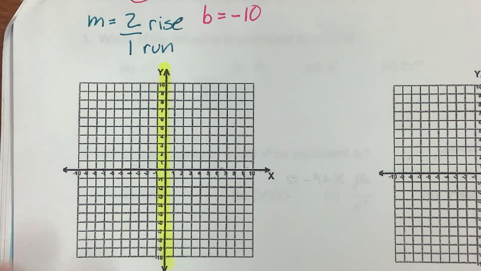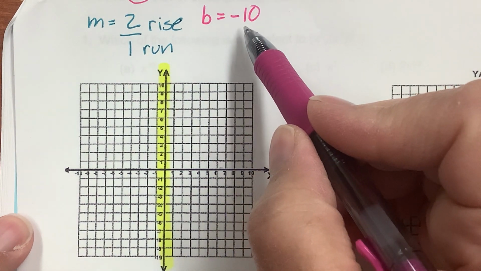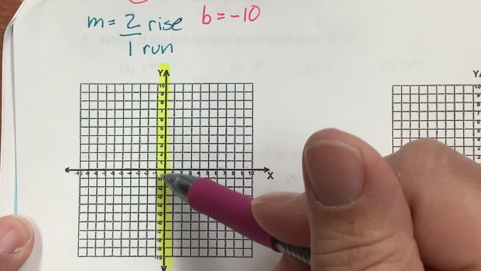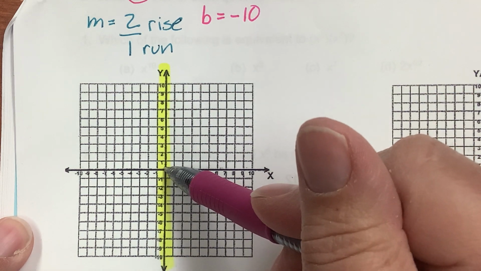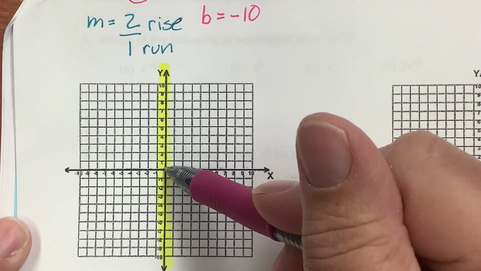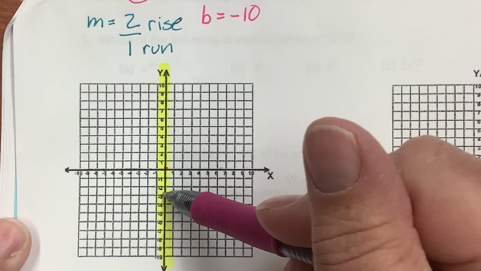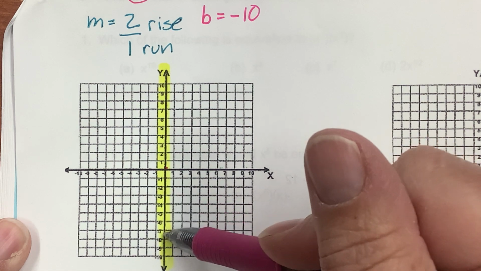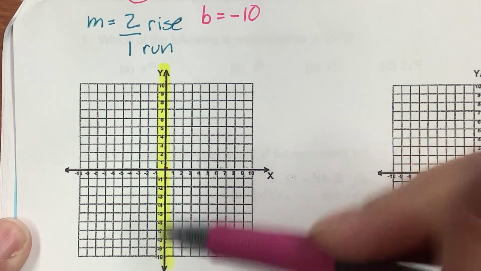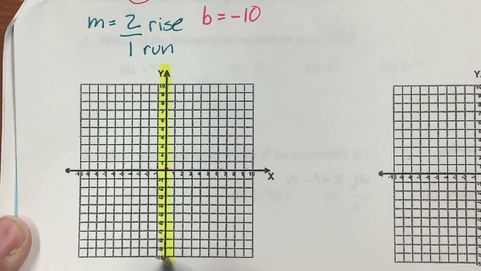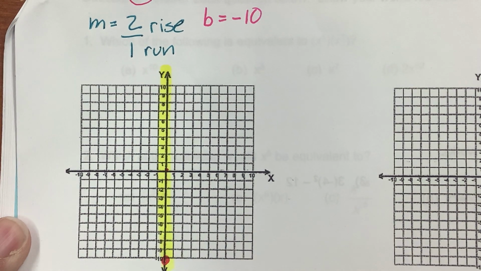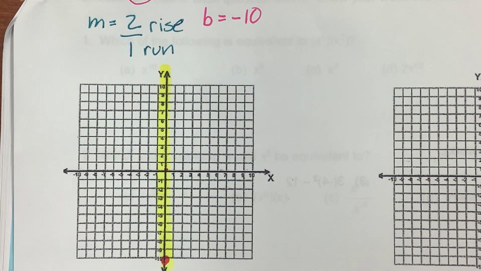Lots of b's in there. And this is beginning at negative 10. So starting from the middle, negative 10. Am I going to go up or down? Negative is down. So I'm going to count down 1, 2, 3, 4, 5, 6, 7, 8, 9, negative 10. And I'm going to put my first dot there. That's my y-intercept at b equals negative 10.